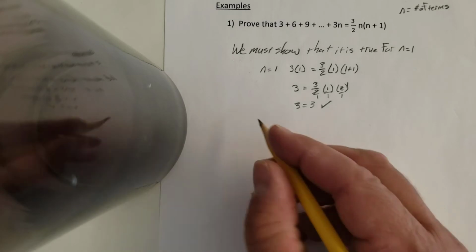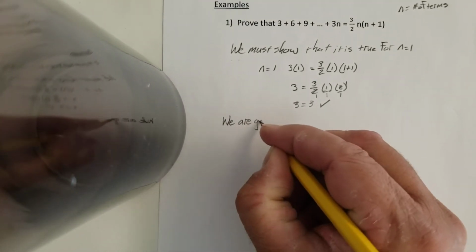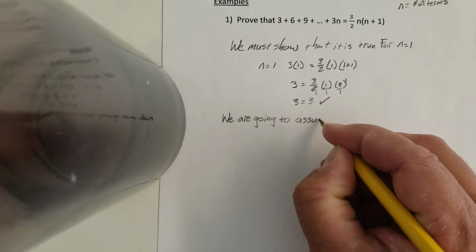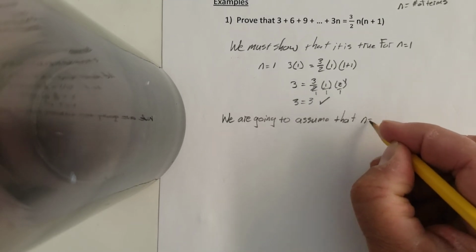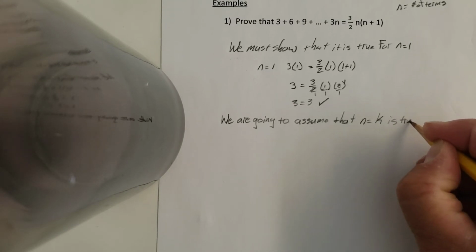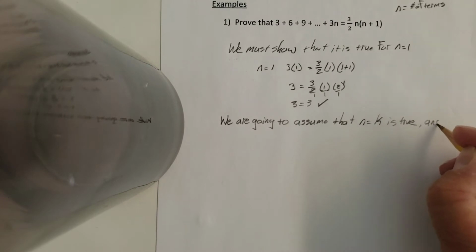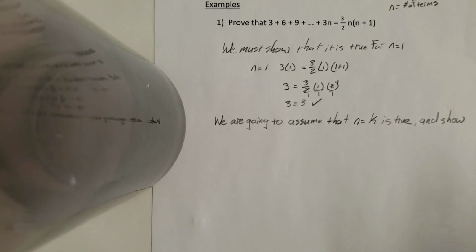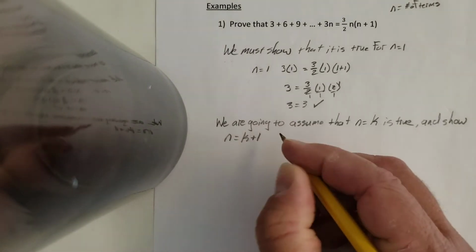Now, you actually write this statement. We are going to assume that n equals k is true. All we're doing there is changing the variable. And show n equals k plus 1.